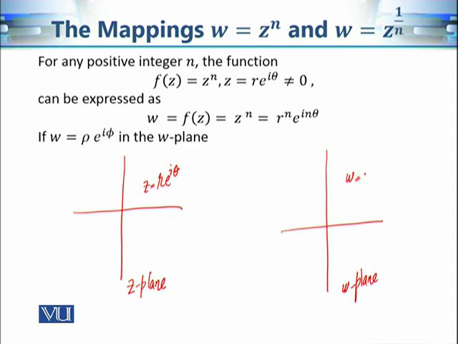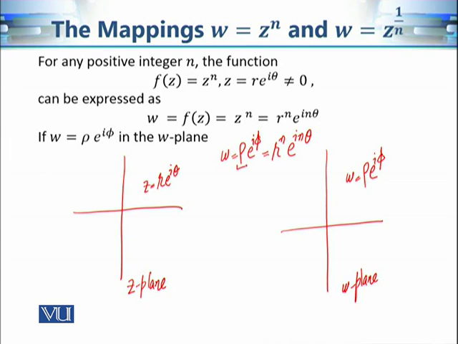So, if w is equal to rho e raised to power iota phi, then we can compare this w with this f of z, because this is w. So, w is equal to rho e raised to power iota phi is equal to r raised to power n e raised to power iota n theta.